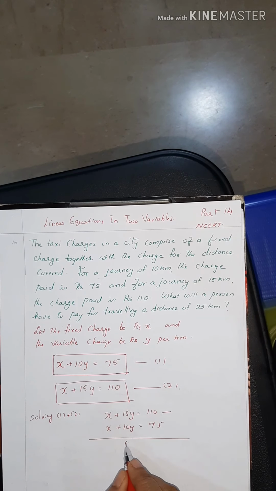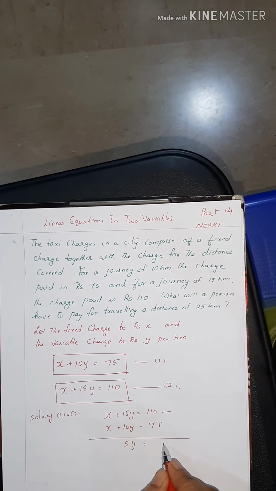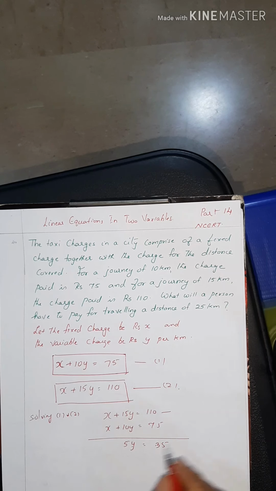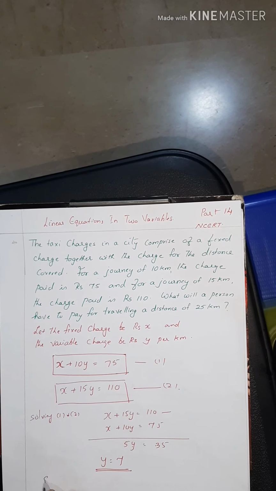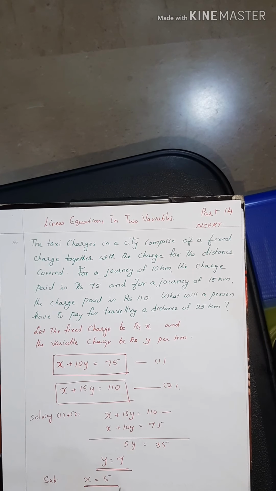So, 5y is equal to 35, so y is equal to 7. Substituting in either of the equations you will get x is equal to 5.